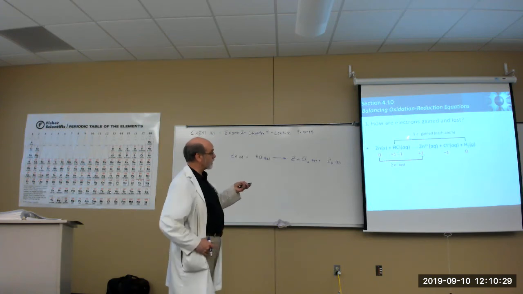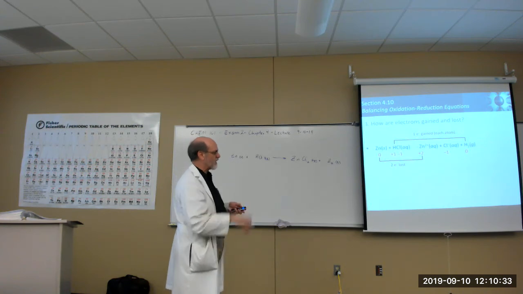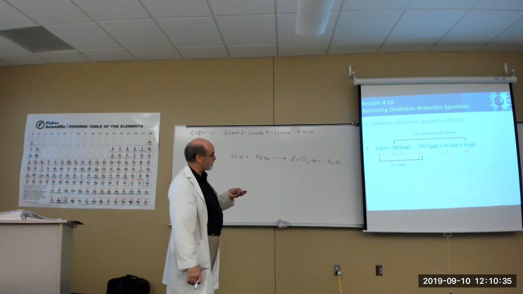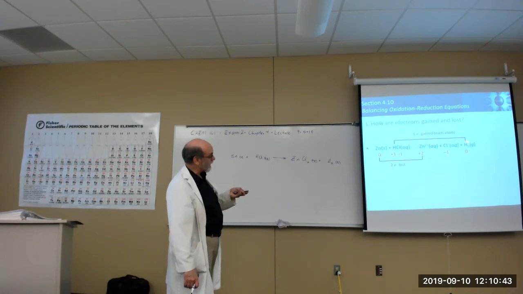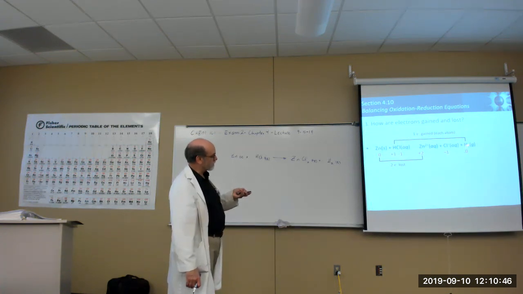Here we have 1 electron gained, so it's reduced. So we have to balance the electrons. How do you balance the electrons? Well, if you're going from this one to this one, you need 2 electrons, right? So this is 1 electron per atom. That one's already got 2 atoms, but you need 2 over here. So if we have 2 of these, go to 2 of those, that gives you 2 electrons.